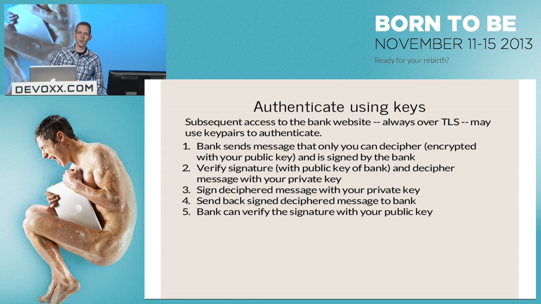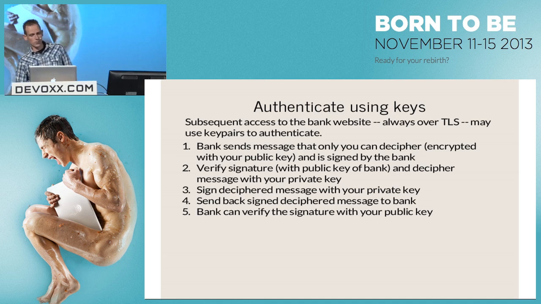The next step is that we receive the message, verify the signature of the bank, and decipher the message with our private key. Then we sign the message with our private key and send it back to the bank, and now the bank can check if it's actually John that is trying to connect to the bank.